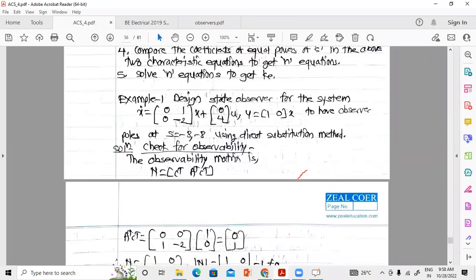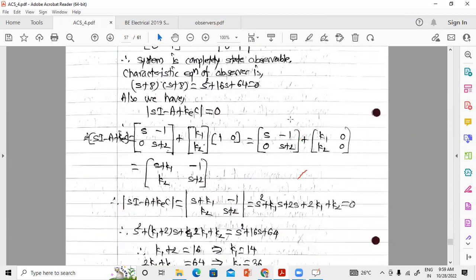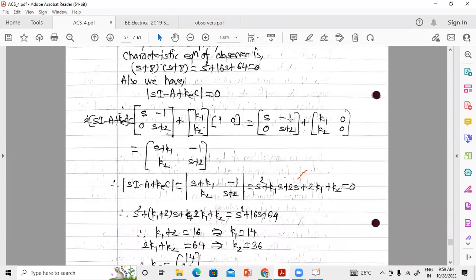Again, the same example is shown here: A is [0, 1; 0, -2], B is [0; 1] for u, and y is equal to [1, 0] x. First we check observability; the system is observable, so go ahead. So sI - A + KeC, where Ke is [K1; K2] and this is C. Finally you get [s + K1, -1; K2, s + 2].